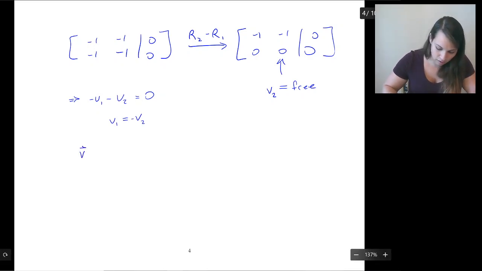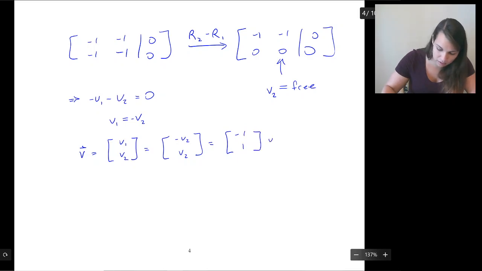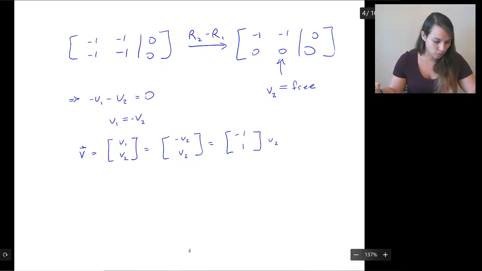So then our eigenvector, which would be v1, v2, would be equal to this, and then we can factor out the v2, leaving us with this. Cool, so we have a lot of choices for our eigenvector. Basically, as long as v2 doesn't equal 0, it's an eigenvector.